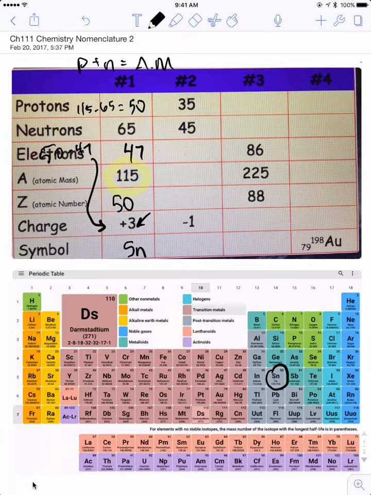So we basically have all the information that we need to complete the nomenclature for tin. It would be 115, that's where you put the atomic mass, 50, and then don't forget the +3 over here.